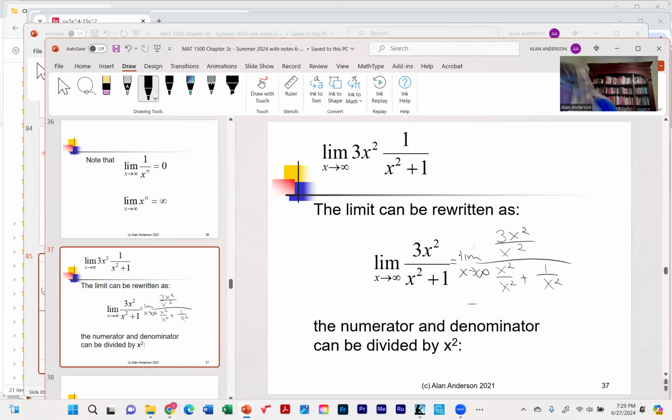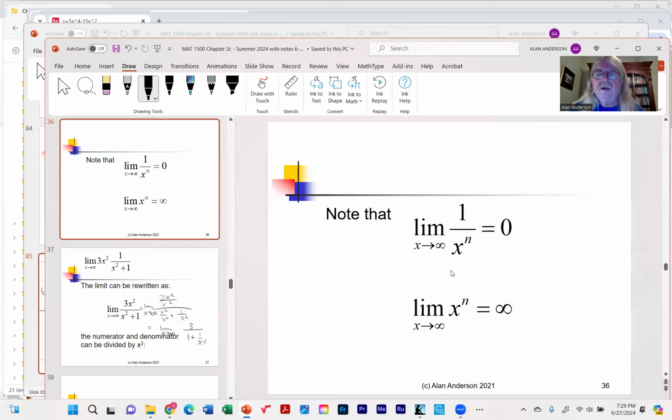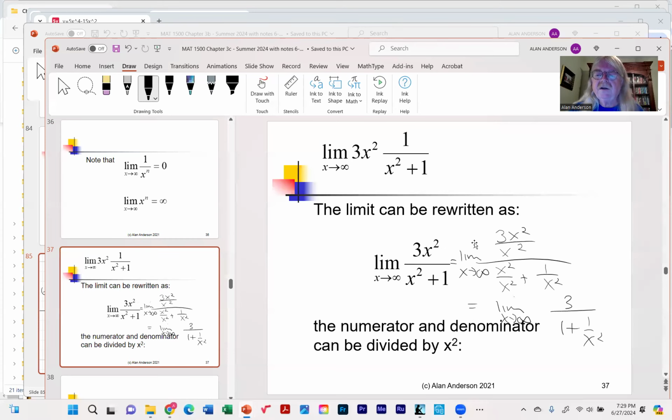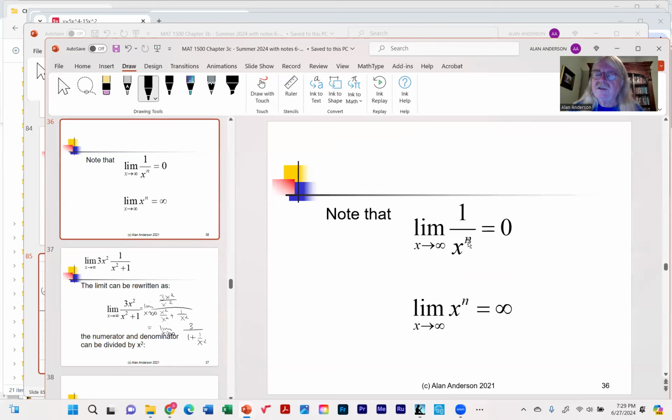So you're going to wind up with the limit as x goes to infinity of 3 over 1 plus 1 over x squared. Now, the beauty of this is, as we saw here, no matter what the exponent of x is, as long as x is in the denominator, when we take the limit as x goes to infinity, we're going to wind up with 0. So that means we're just going to wind up with 3 over 1 plus 0, which is just 3.